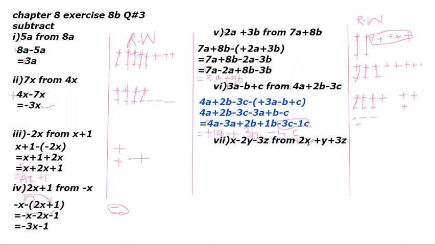Second, you need to write the second algebraic expression first, because you have to subtract x minus 2y plus minus 3z from 2x plus y plus 3z. You need to write this second algebraic expression first, and then you will write the first algebraic expression. And third point is you should introduce the parenthesis. Okay, now let's do it. Keeping these important points in our mind, we will start our question.